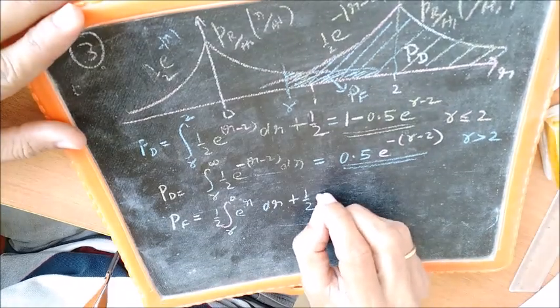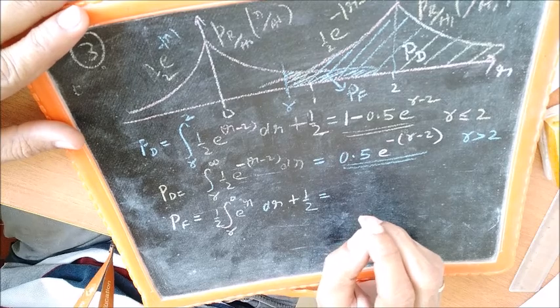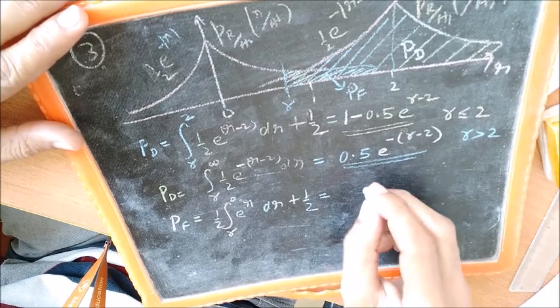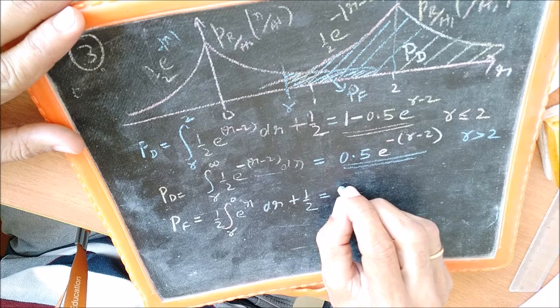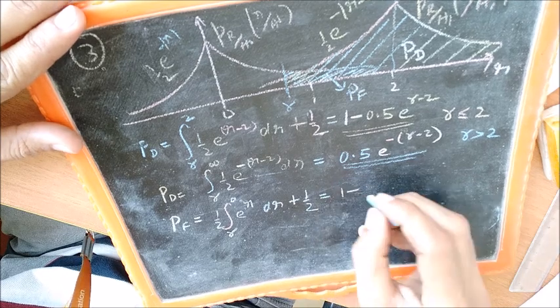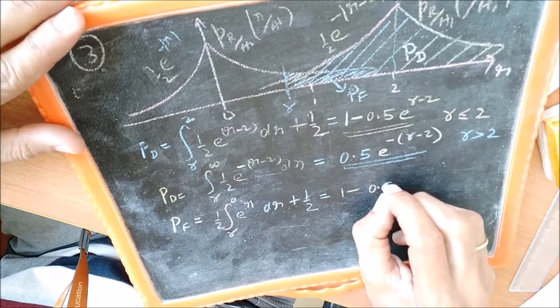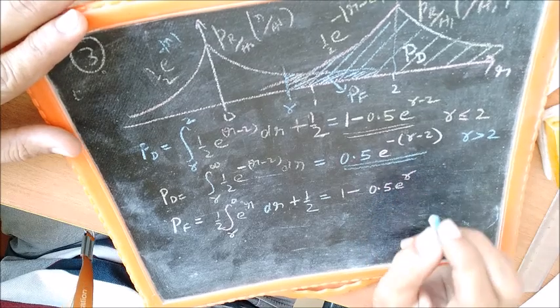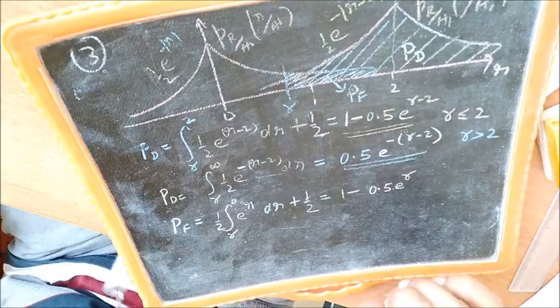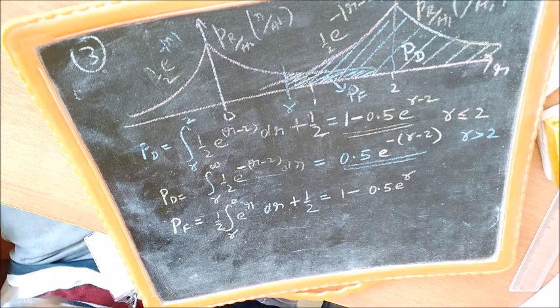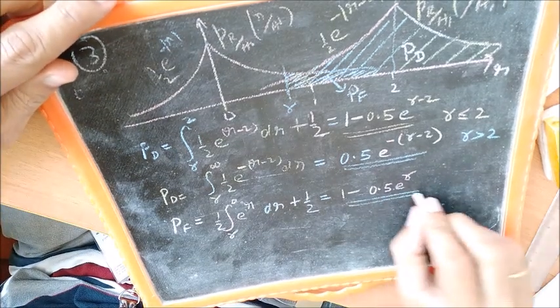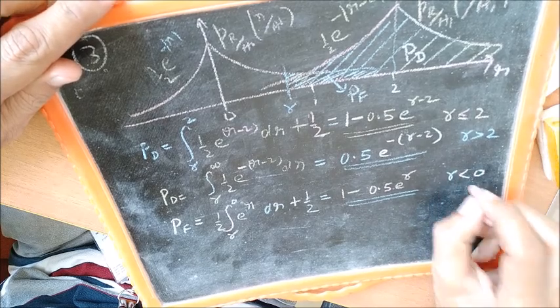And this will be equal to, again, you can perform the integration and see that the result is 1 minus 0.5 e power gamma. So this is the probability of false alarm when gamma is less than or equal to 0.